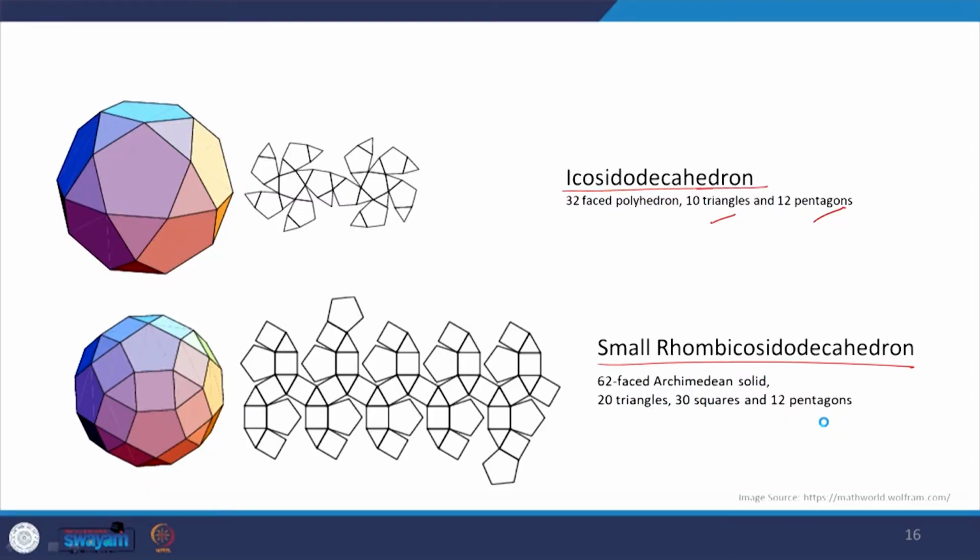So, if we cut it like this, half is cut, so we will still get a pentagon and triangles here. However, if the truncation is so small that we get a 10-sided polygon, if this is how the solid is going to be truncated, we will get the truncated dodecahedron. Further, if we truncate it, we will get the great rhombicosidodecahedron.